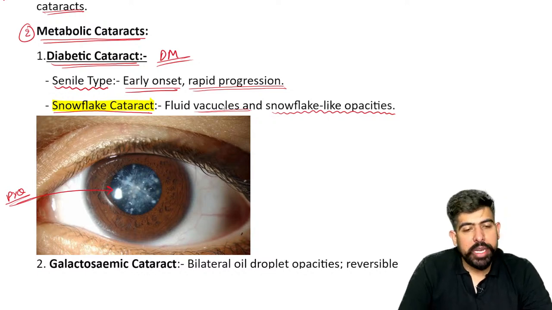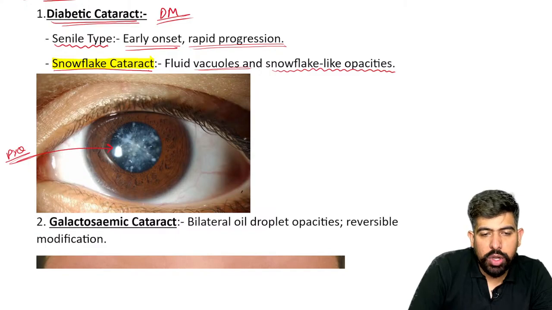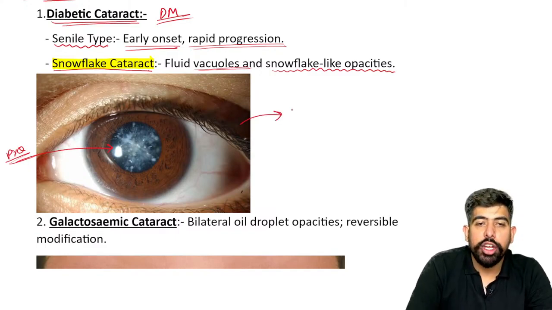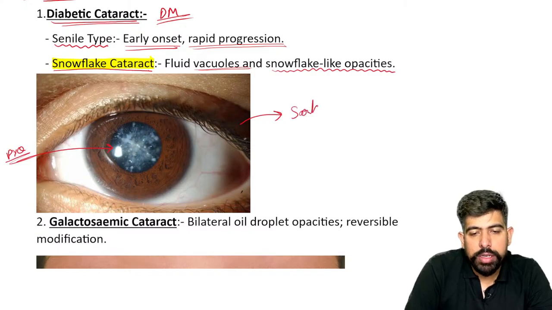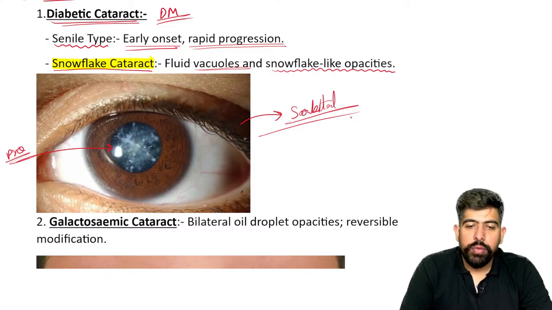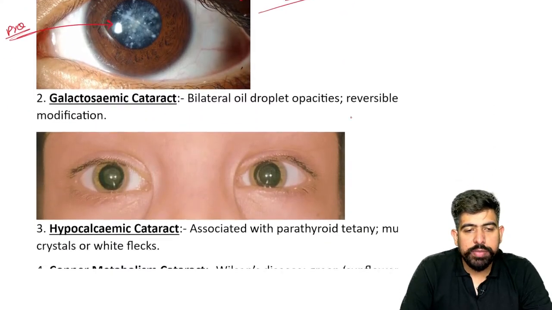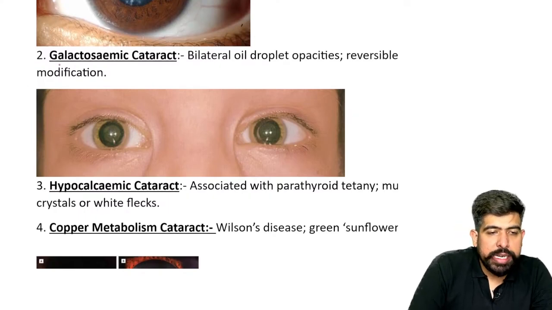They also ask which substance accumulation causes this snowflake cataract. So write down here: sorbitol. Now moving forward to the next one, which is galactosemic cataract.